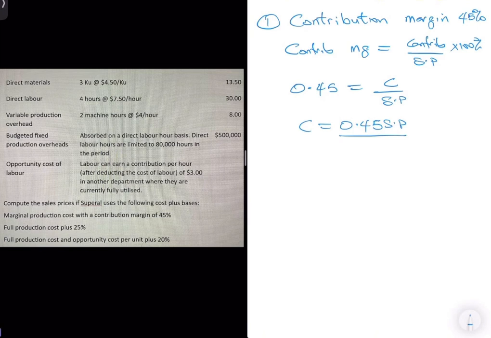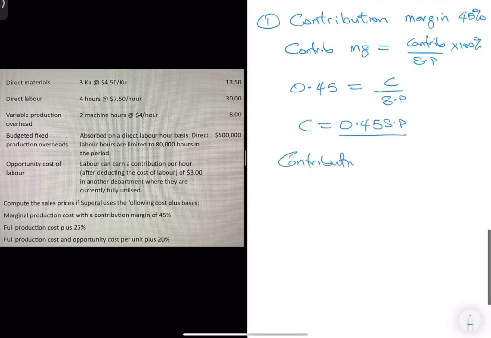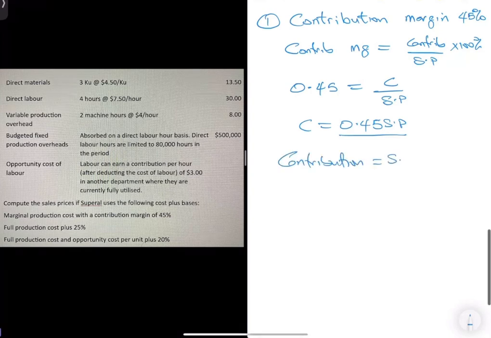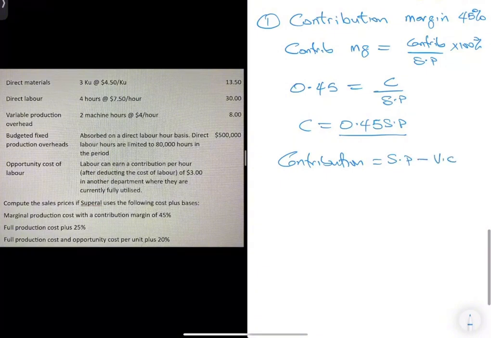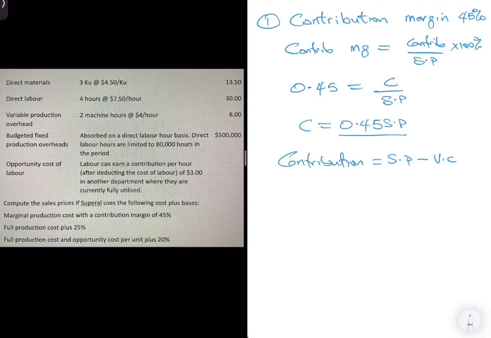But we also know the contribution formula: selling price minus variable cost. I'm sure you can read it with this popular formula. We don't know our selling price, but now we know our contribution.